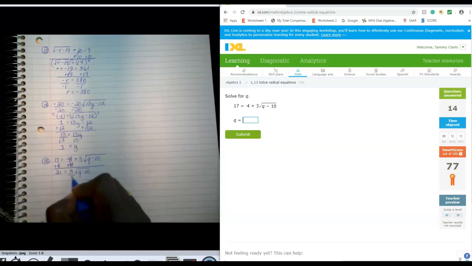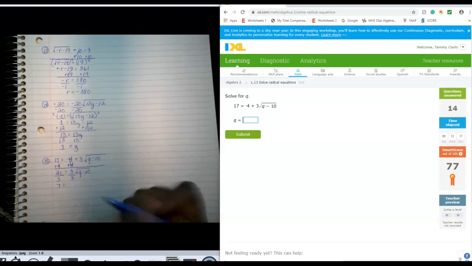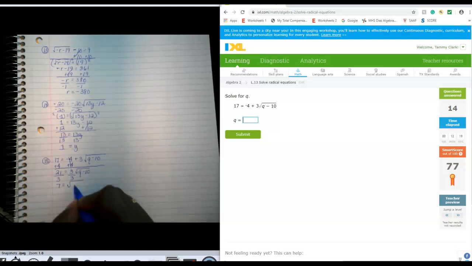Well, I want to get rid of that 3, so I'm going to divide by 3 on both sides of the equation. That gives me 7 is equal to the square root of q minus 10. Go ahead and square both sides. So we've got 49 is equal to q minus 10. Add 10 to both sides of the equation. We've got 59 is equal to q.